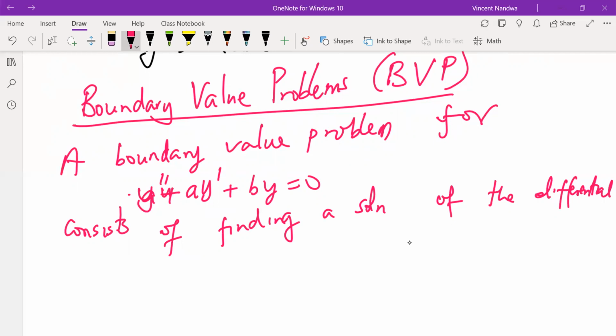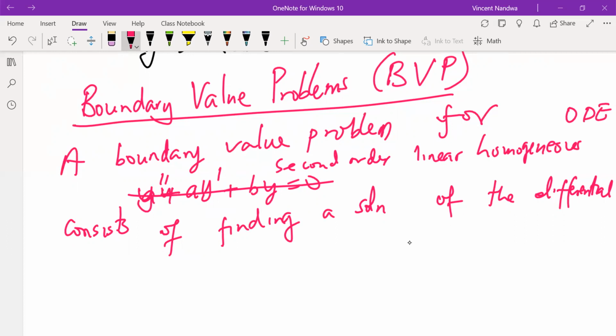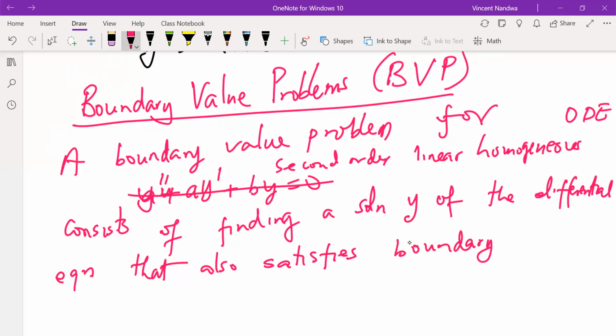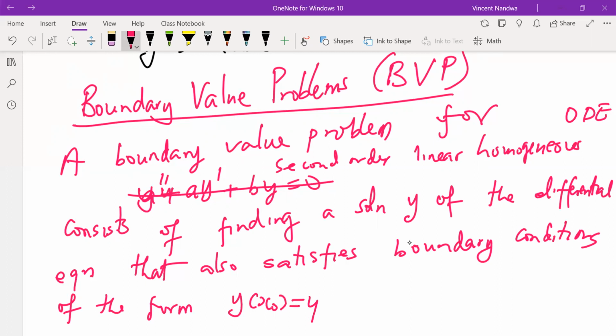Actually, you can just say a boundary value problem for a second order linear homogeneous ordinary differential equation consists of finding a solution y of the differential equation that also satisfies boundary conditions of the form y at x naught equals y naught and y of x1 is y1.